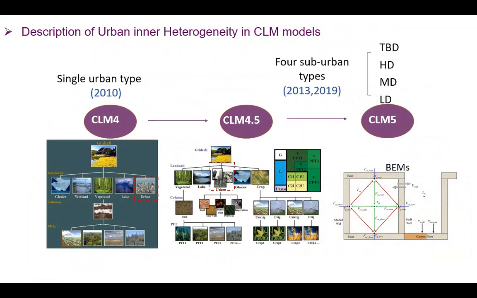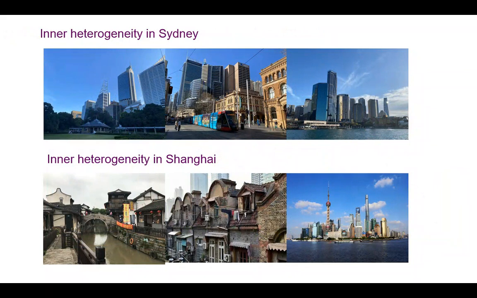In the current release CLM5, only 4 urban types are considered, based basically only on building density: tall building districts, and high, middle, and low density urban area. But this does not capture the real heterogeneity in cities, just to show some examples in Sydney or in Shanghai.